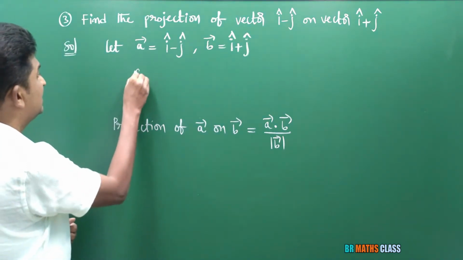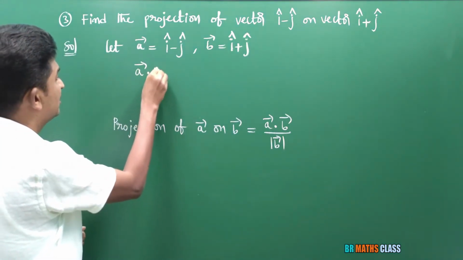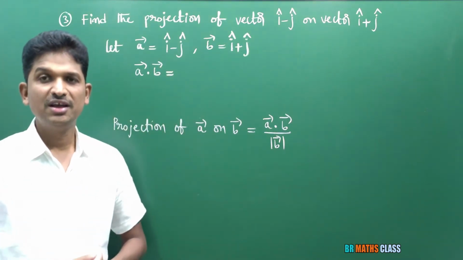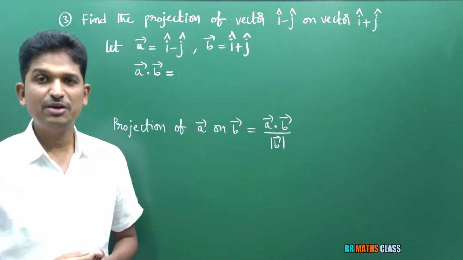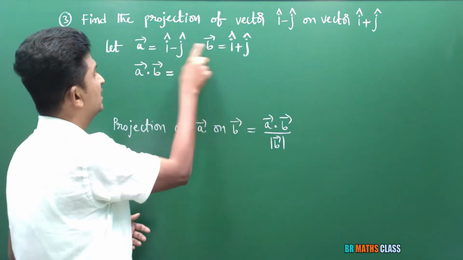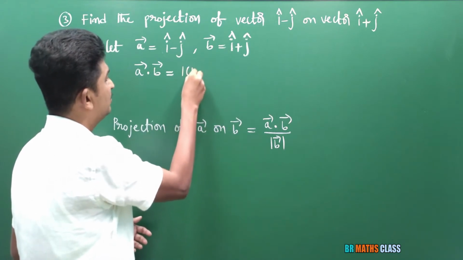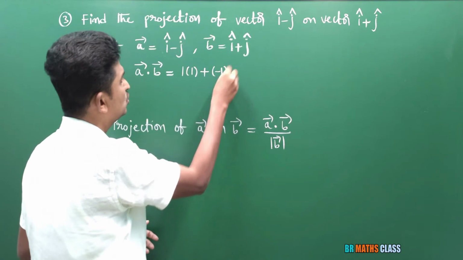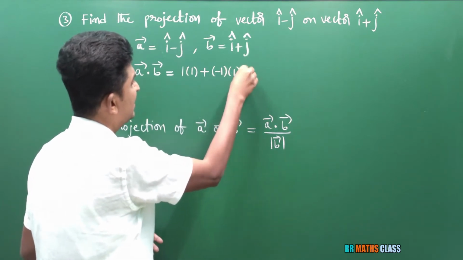First I'll calculate A bar dot B bar. The formula is A1 B1 plus A2 B2 plus A3 B3. A1 B1, that is 1 into 1, plus A2 B2, that is minus 1 into 1, plus A3 B3.